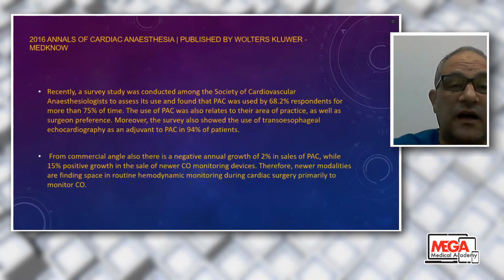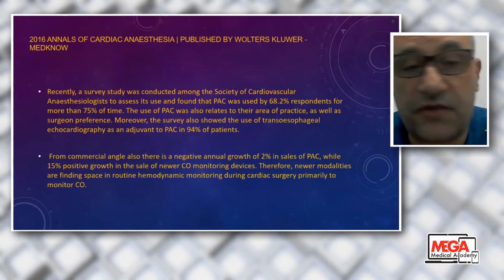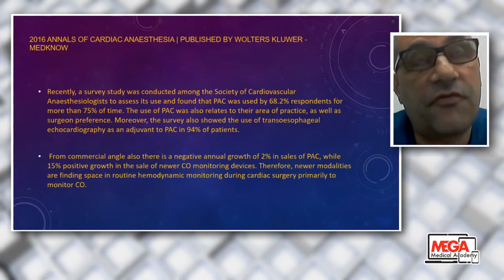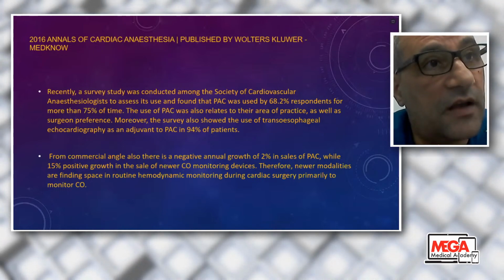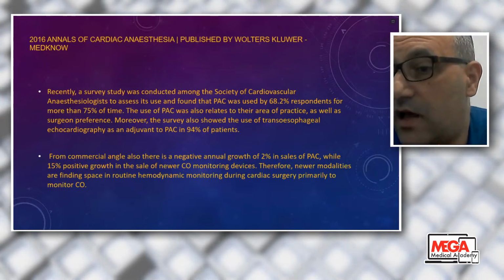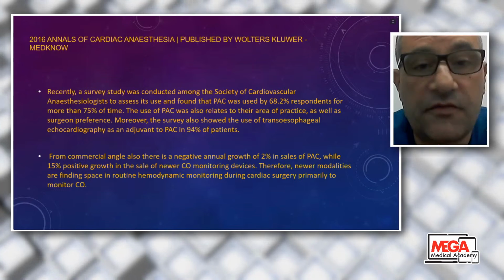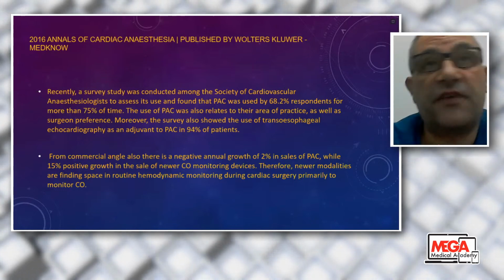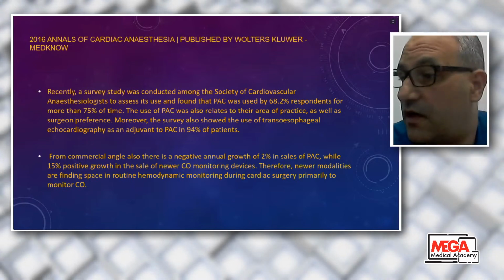However, these pulse contour analysis devices are very much affected by the arterial waveform. And if I'm having severe vasodilatation or severe vasoconstriction, I will have a major problem in analysis of hemodynamic variables. Also, it's affected by valvular regurgitation, especially in the LIDCO system and the PiCCO system.